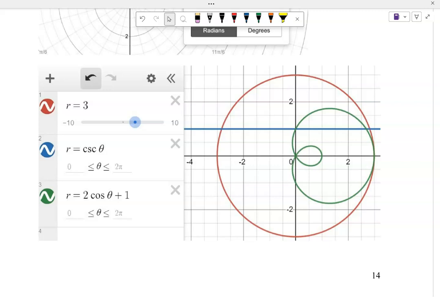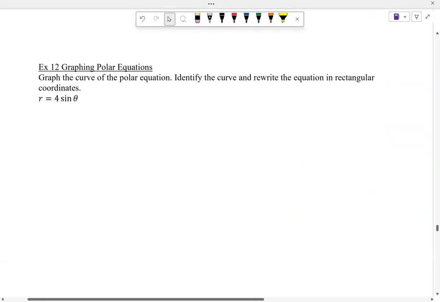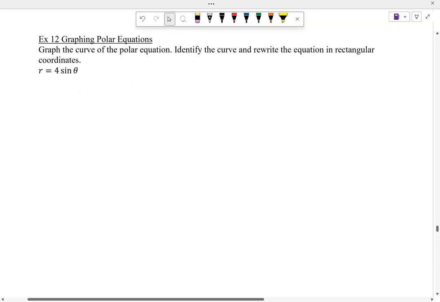You get the cosecant there in blue, that line. And then 2 cosine of theta plus 1. We'll talk about those interestingly enough. But you've got R as defined in terms of theta, right? So if you punch it in with R and theta, it'll help you graph it and look at it, verify your graph. So let's do one here.